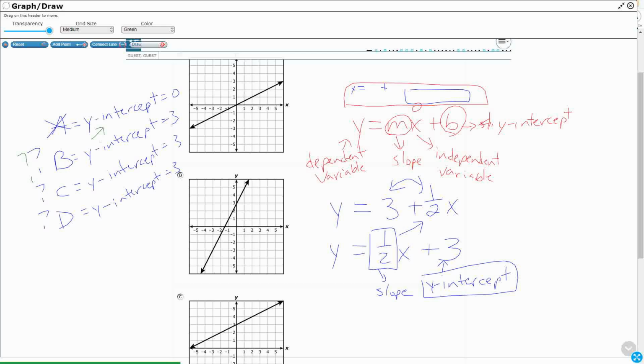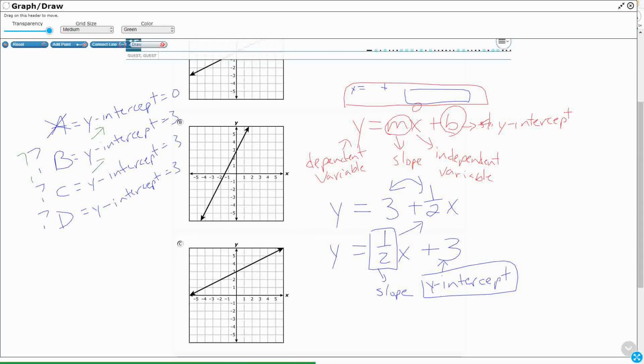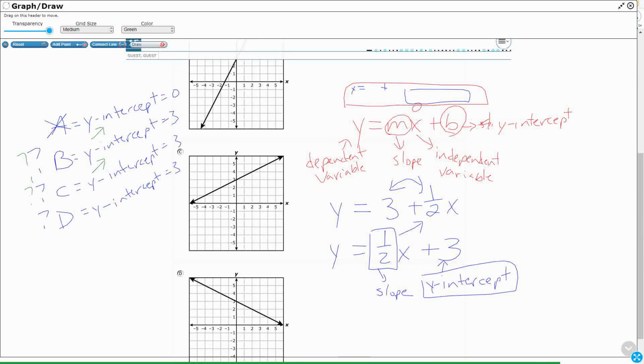Look at C, positive, so we're still good. And then look at D, it's negative, it goes down, moving down from left to right. So now we've got rid of D, we've got rid of A, and now it's just B and C.